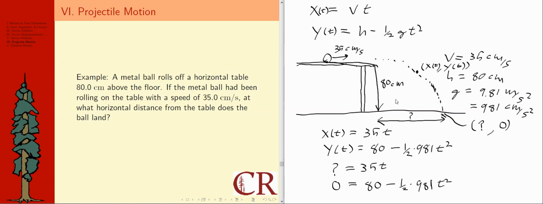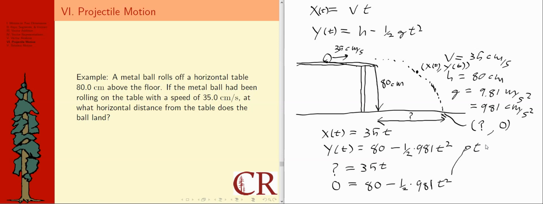One of the things I wasn't given here was at what time it lands. But if I look at this second equation, I think I can solve for that, right? I'm running a little bit out of space here, but I'm going to do a little algebra in my head.